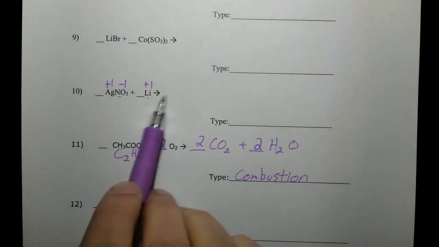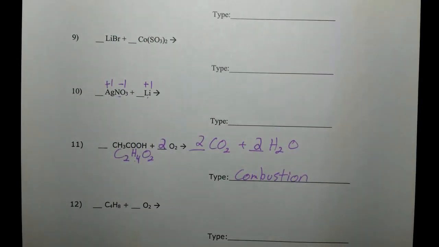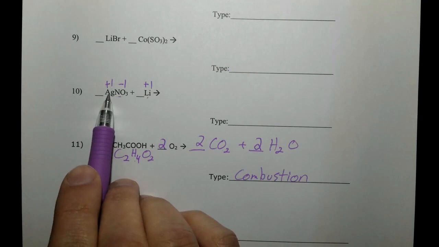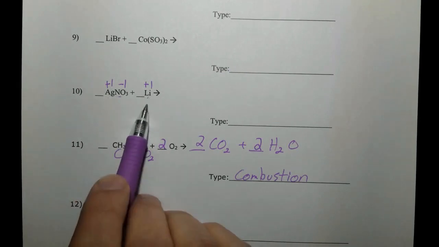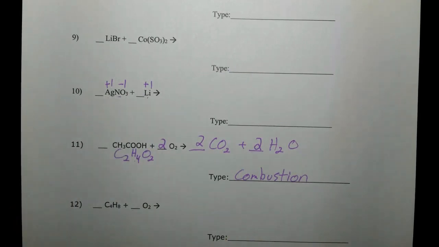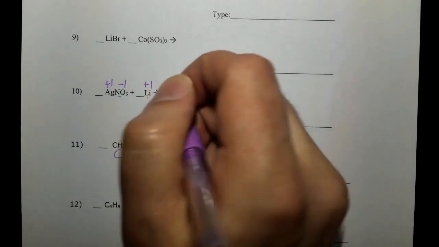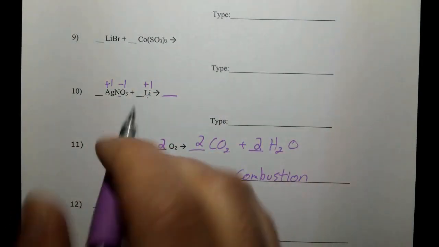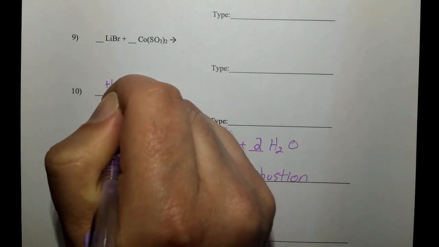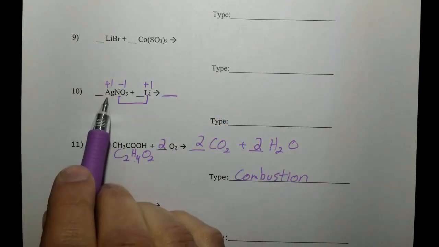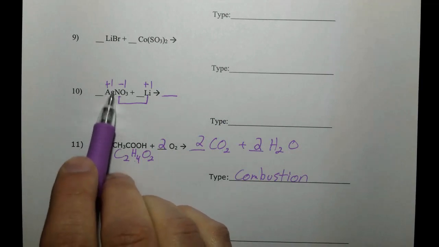So what's the other side going to look like? Am I putting the Ag and the Li together, or the NO3 and the Li together? Yep, NO3 and Li. So the positive here is coming together with the negative here, and this positive is just going to be by itself.